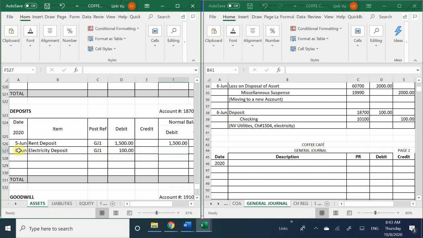And now I need to complete my formula because now I need to add this $100 to my normal balance. So I'm going to go up one, which is the balance that you currently have. I'm going to add my debits in this row, and I'm going to subtract any credits in this same exact row to give me a new balance of $1,600. All right.